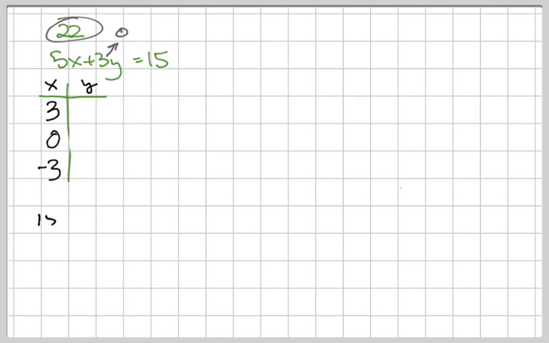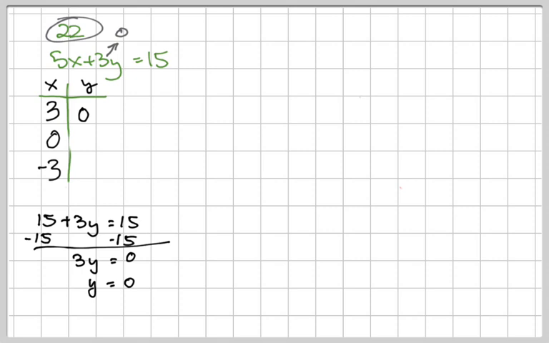5 times 3 is 15 plus 3y equals 15. And that's why I picked those values. You subtract 15, you get 3y equals 0, and that means y is equal to 0. That is an x-intercept. And if x is 0, the whole 5x is 0, and that's going to go away.